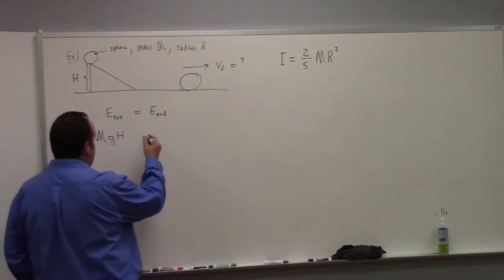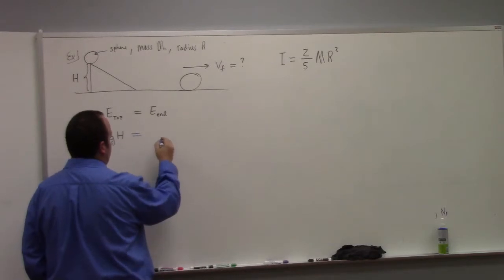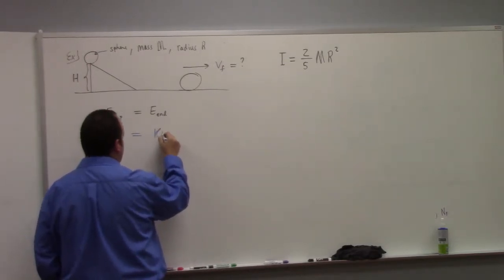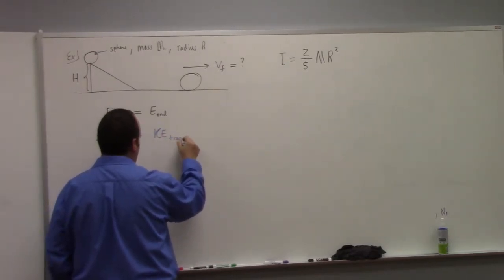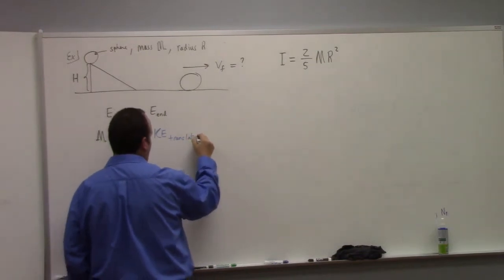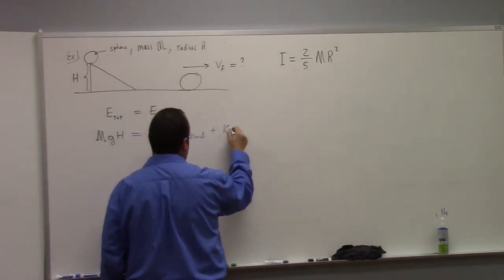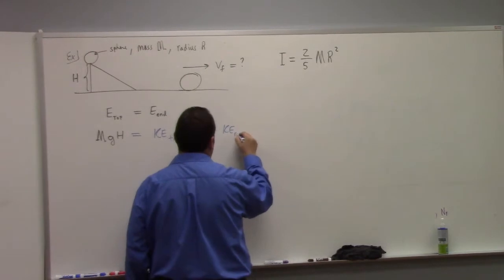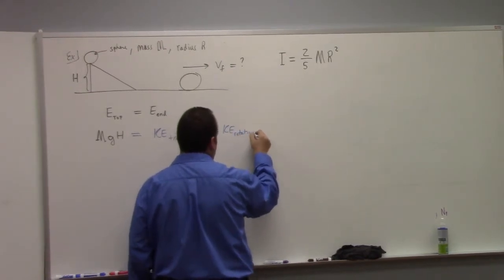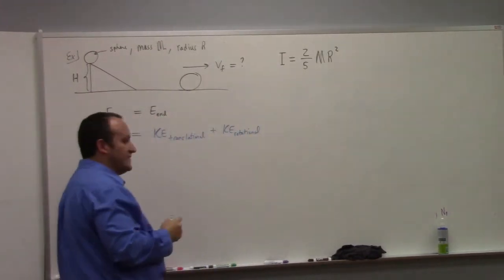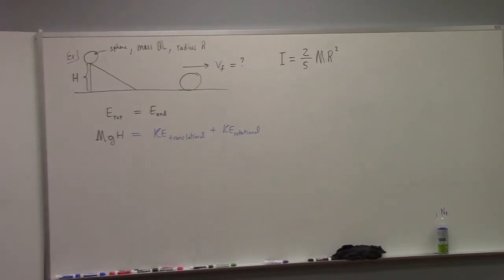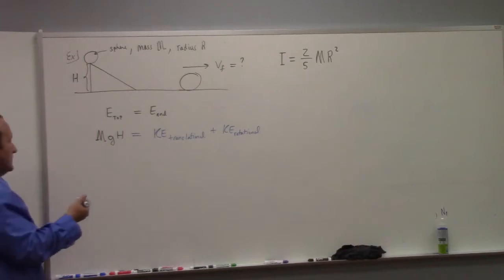So the energy in the end is kinetic energy translational plus kinetic energy rotational. Now that's the new one. That's the story we have not told before today. Great, so what are those?